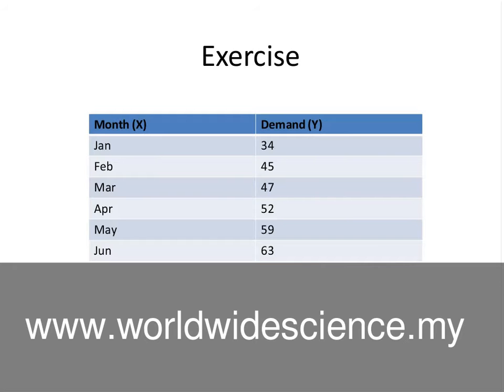For forecasting, we should sum up the x. X is 1 plus 2 plus 3 plus 4 plus 5 plus 6.